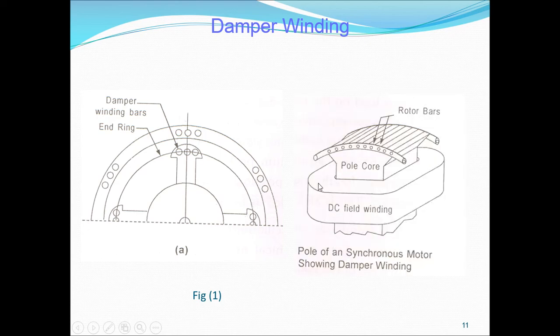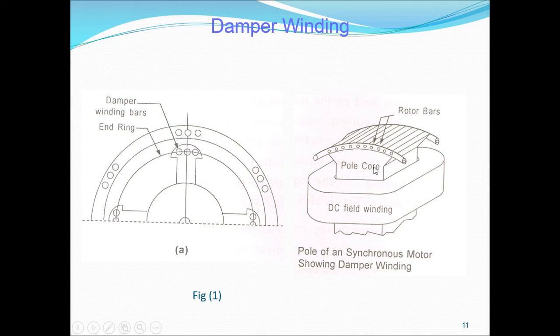See here another view. This is the rotor bars. This is the stator frame. On this one it has a stator winding, and here it has rotor poles, and it contains a damper winding. Damper windings are short circuited, and this one is a pole core.